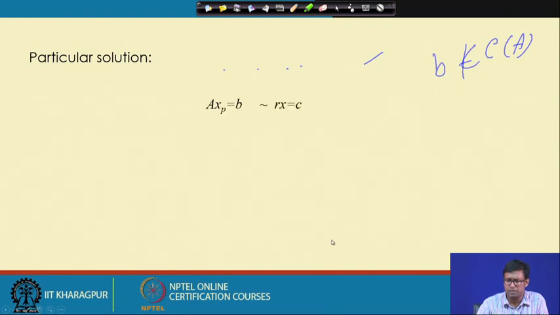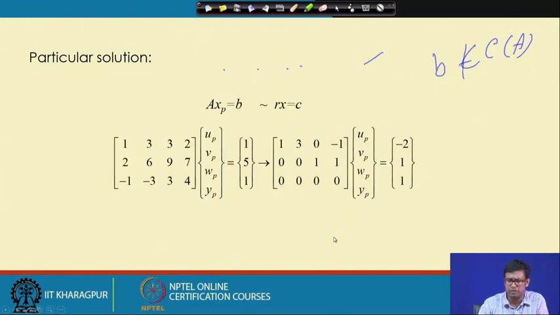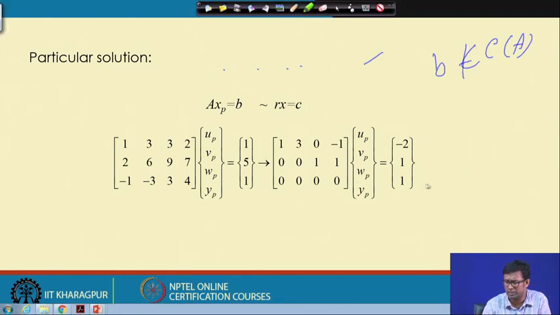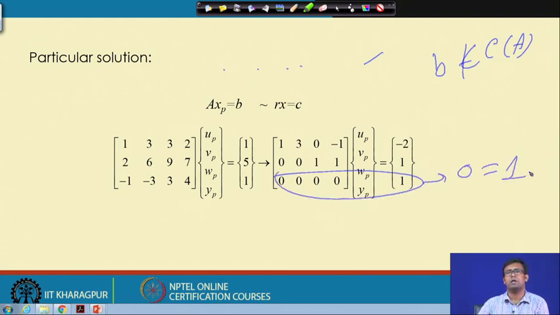The particular solution is Rx is equal to c, where the right hand side is [-2, 1, 1], and this will give me an equation 0 is equal to 1. The last row will basically give me an equation 0 is equal to 1, which is not possible.